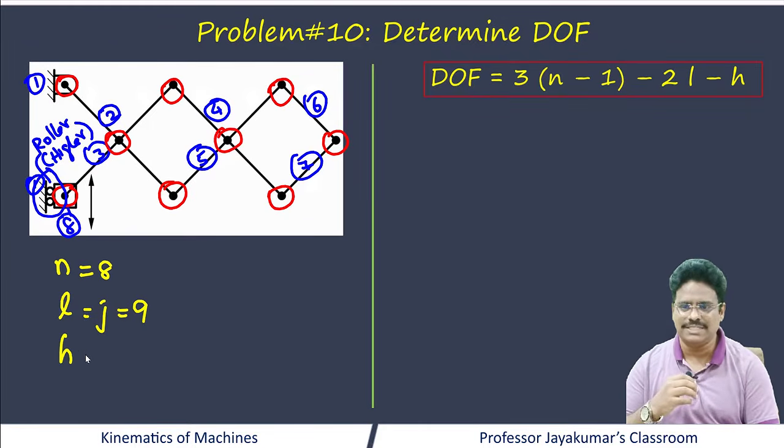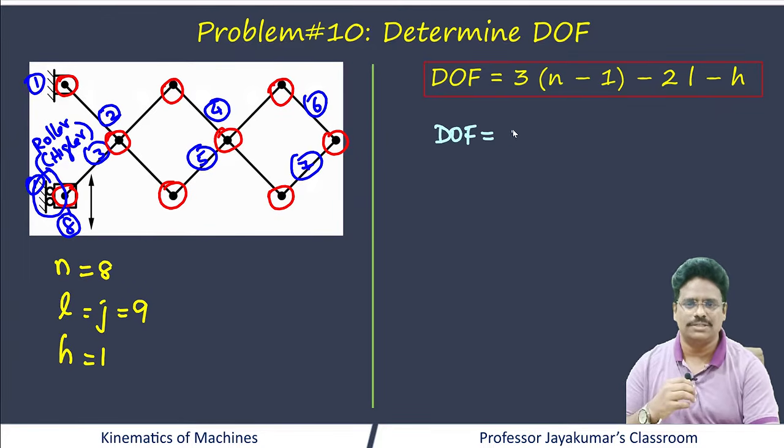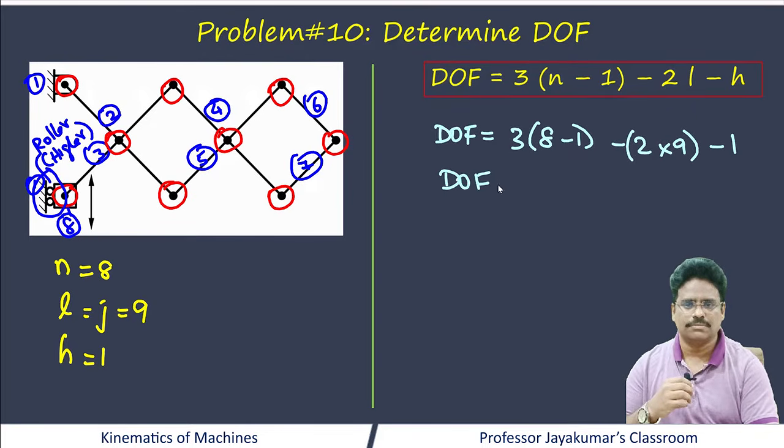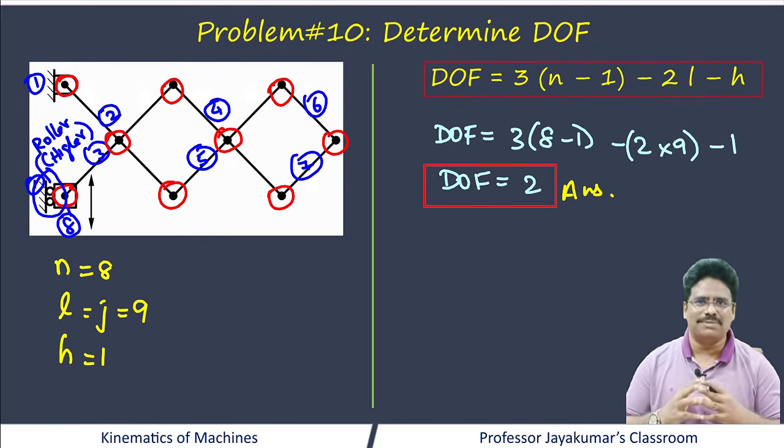Therefore, h is equal to 1. Now I could substitute in the formula 3 into. So for this problem, we are obtaining degrees of freedom as 2.